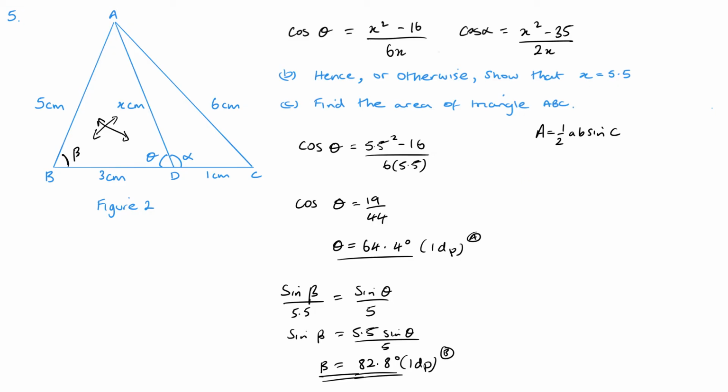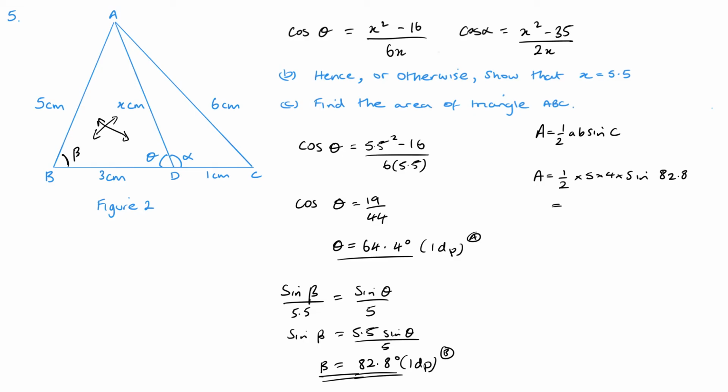Now all I need to do is fill in my values for the area. So it's half. Now since I'm using this angle, my A and B will be this 5 and this 4. So it's half times 5 times 4 times sine 82.8. But of course I'm going to use the full value.